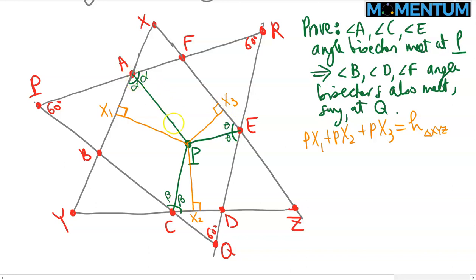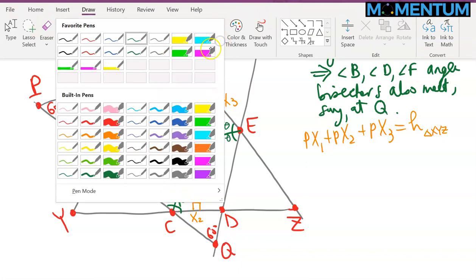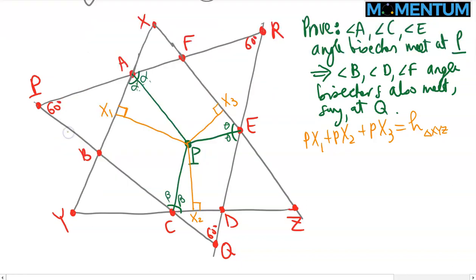Because those angles are both alpha, and by the first observation that I have just made, clearly Px1 is equal to Py1. So if I drop a perpendicular here and I label this as, say, y1, Px1 and Py1 are equal, right? I might just replace the Px1 here with Py1.